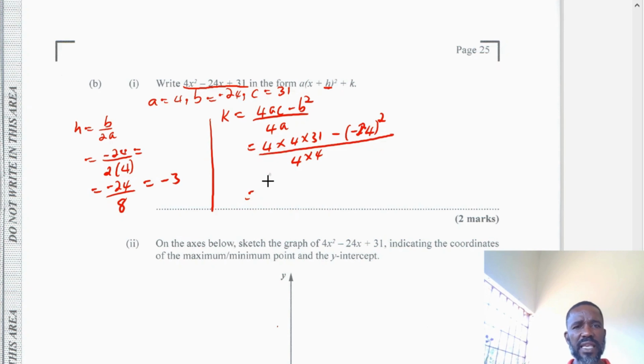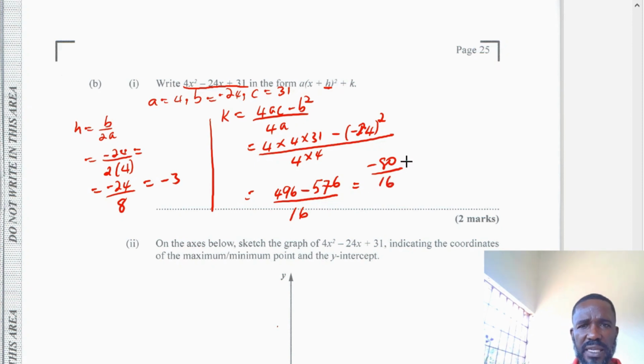So when we calculate that, 4 times 31 is equal to 496, minus 24 squared, which is 576, all over 16. So we are going to end up with negative 80 over 16, and that is equal to negative 5.